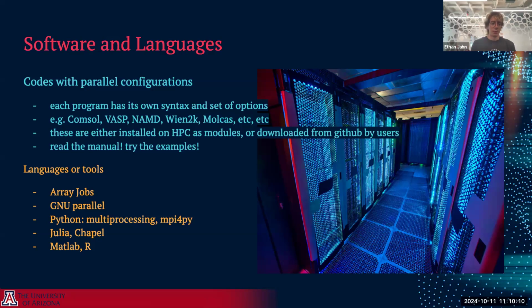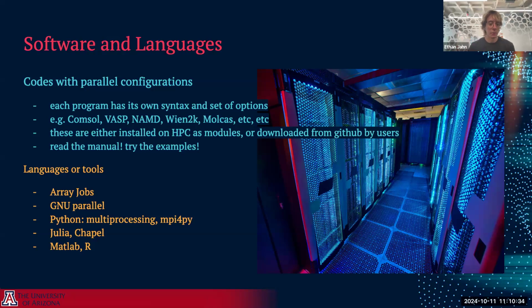But just to give you a preview of some languages and tools that we'll mention here. So array jobs, something we'll talk about. GNU Parallel is a parallelization library that's implemented in the GNU software suite. There's Python. We have multiprocessing and MPI for Py. We'll go through these in a bit of detail, so we'll have some examples for those.